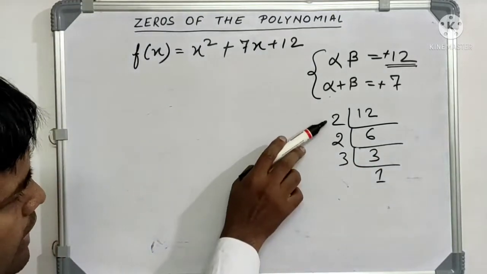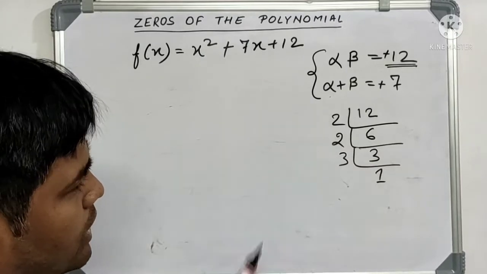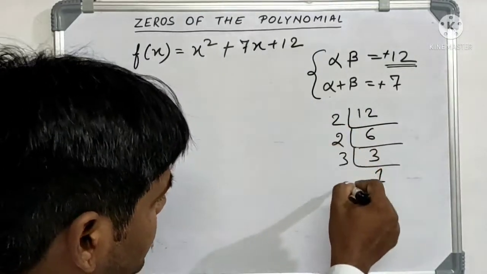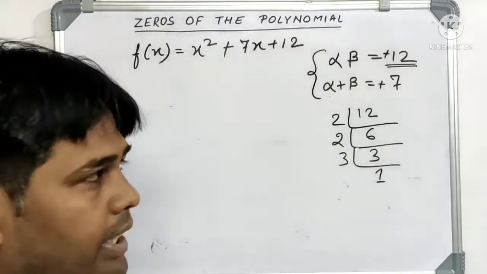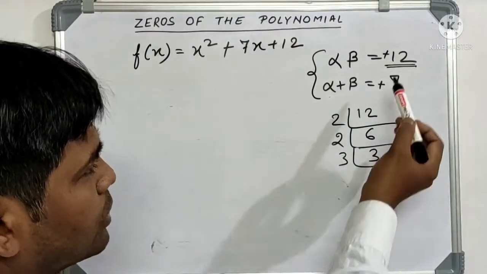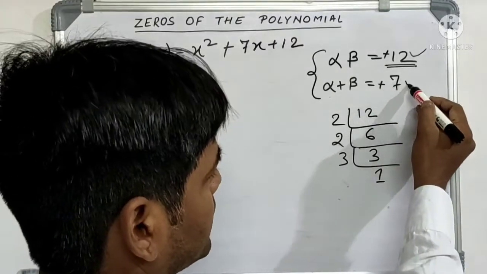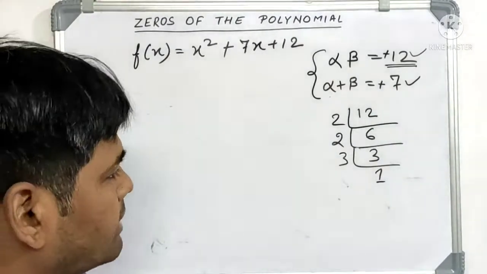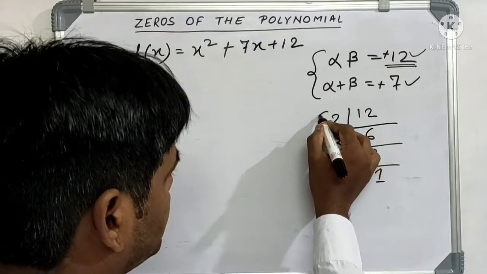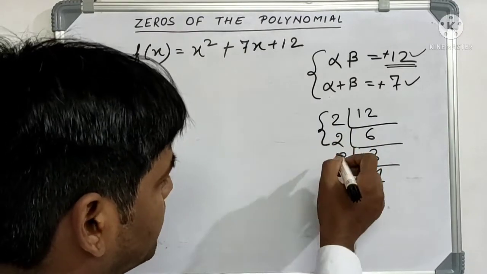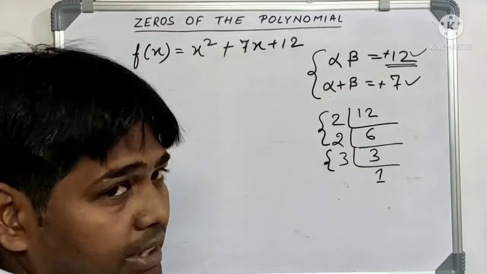So these are the factors 2, 2 and 3. So we have to arrange these three values in such a way that on multiplying we should get a positive 12, and while adding this we should get a positive 7. So what combinations can we try? Let us try a combination of these: 2 multiplied by 2 and then 3 as an independent value.